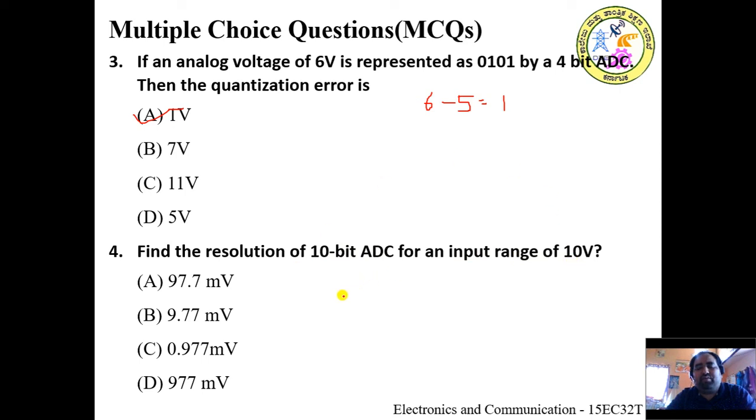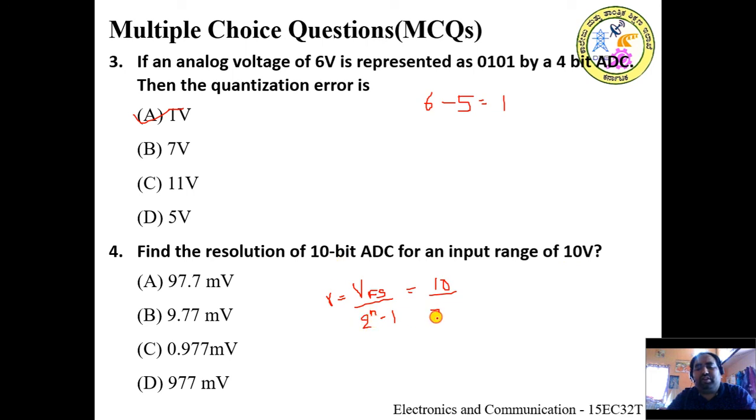As we have a formula, the resolution R is given by VFS divided by 2 to the power of n minus 1. The VFS is given here as 10 volt, and it is a 10-bit ADC, so the n value will become 10 here.